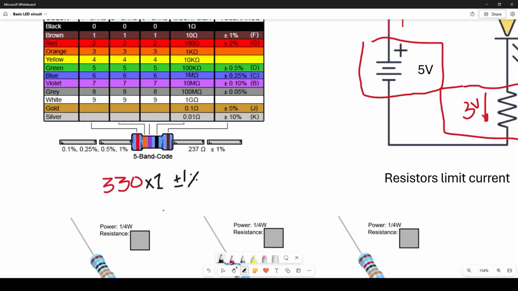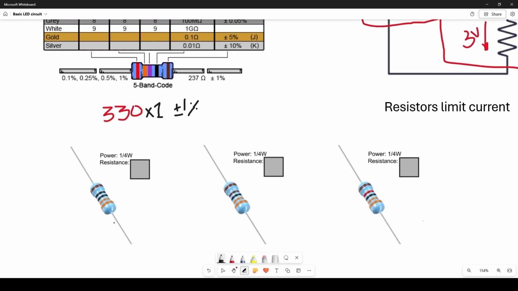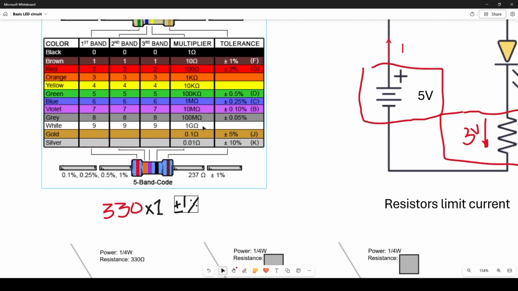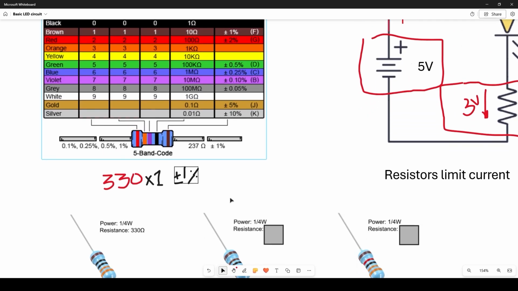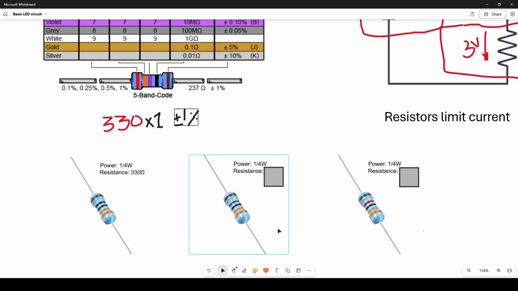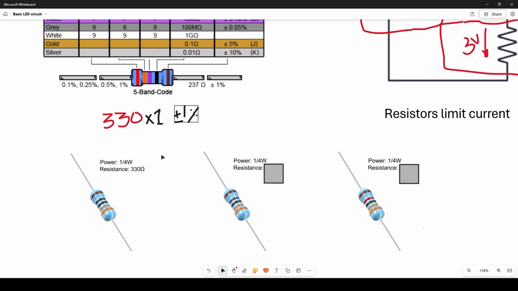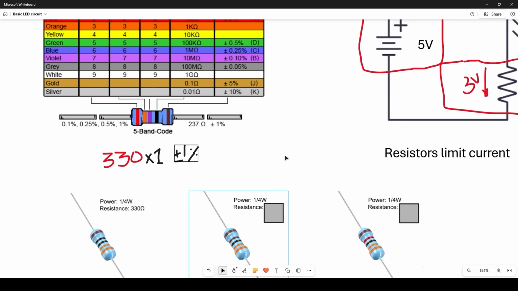So the resistance of this resistor is 330 ohms. So let's see, yes, we found it out right. That's 330 ohms. The rest two look the same, but you're going to do the calculation for them, and I'll attach the resistance card so you can analyze what the resistances for them are.